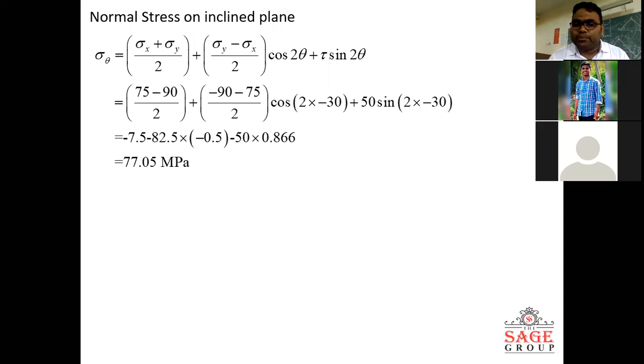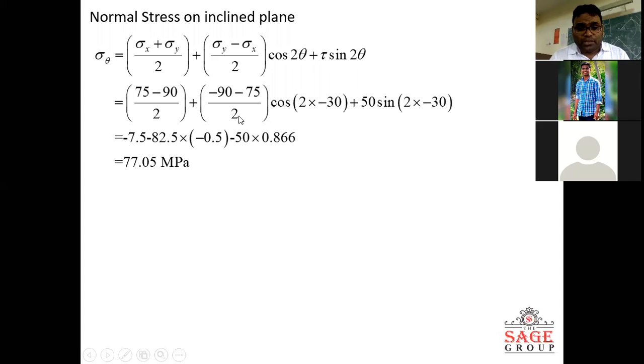We know that sigma x is 75 megapascal and sigma y is minus 90, minus because of its compressive nature. Put the values with the sign here: 75, minus 90, and cos 2 theta. For 2 theta, as I already told you, you can write either 90 minus theta or 60, and you will get the same value.